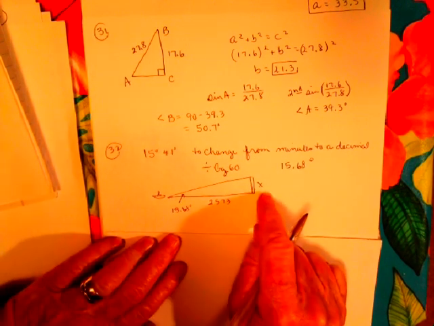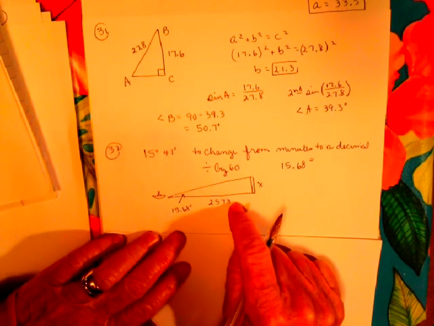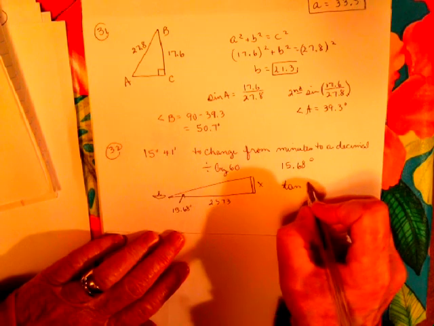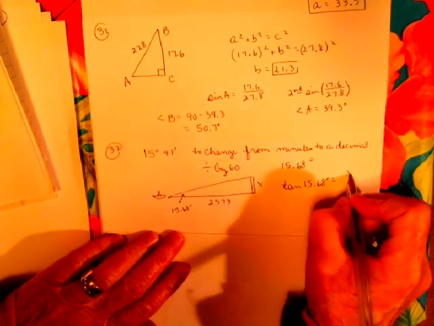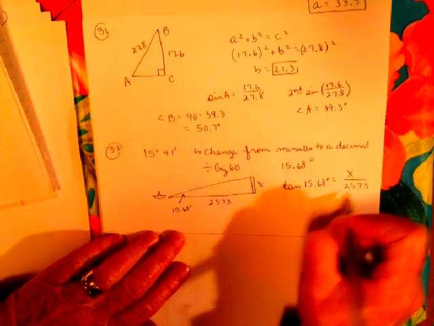What trig function is represented by opposite over adjacent? Tangent of 15.68 degrees equals x over 2573.